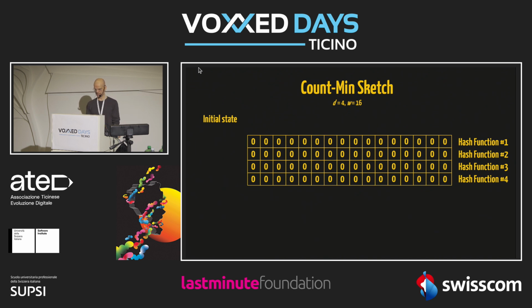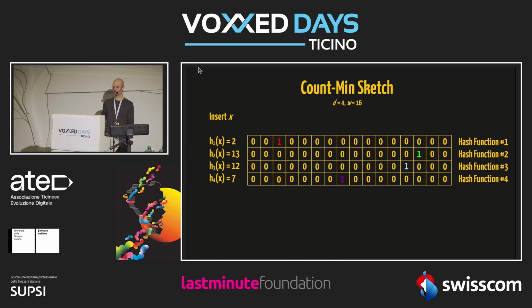So let's say that we want to insert X because we have a stream of items passing by, and the first one is X. Okay, let's compute the first hash function. Let's apply it to X, and we get as a result, in this case, 2. So it's the third element of the array, it is zero based, of course, and then we increase the value of the element by 1.